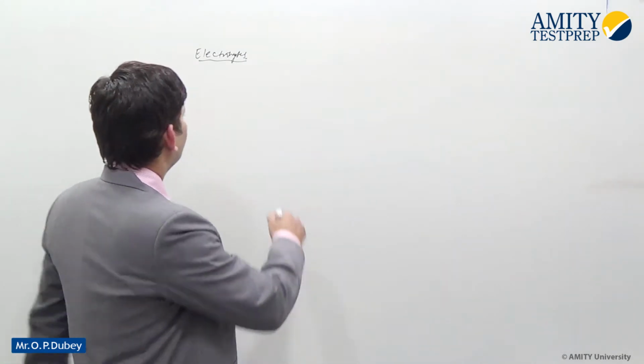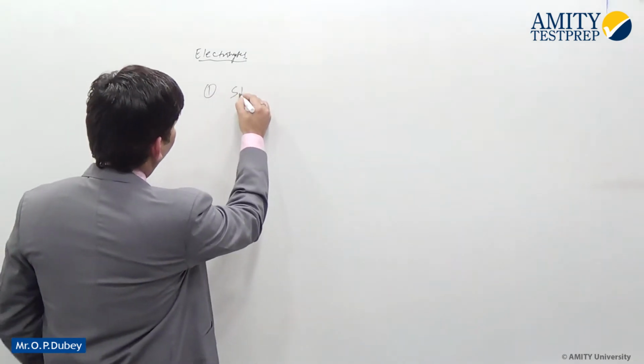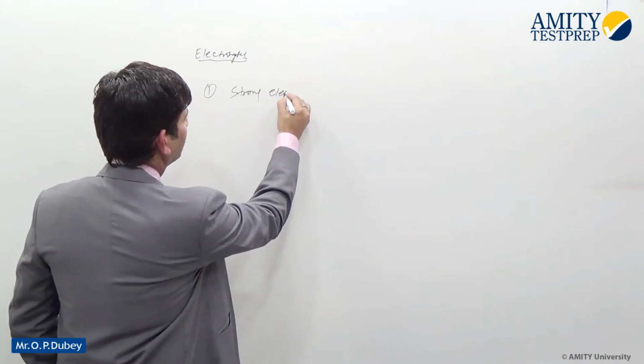Now the electrolytes are of different types, like the strong electrolytes and the weak electrolytes. Let us first discuss the strong electrolytes and then the weak electrolytes.